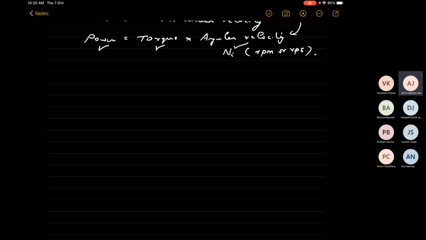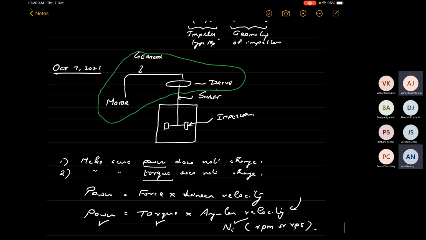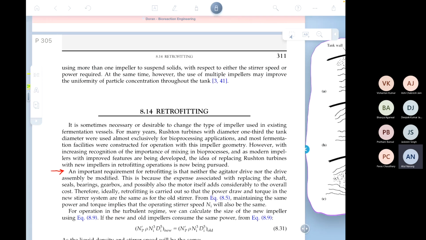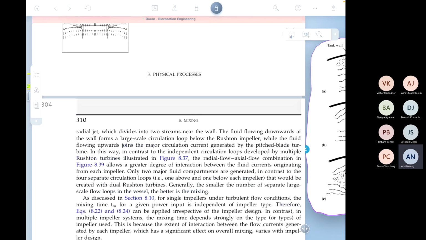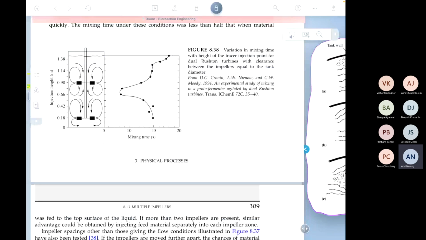Why did we take the value of NP prime for oldest to new as greater than 1? Because that's actually what it's all about. New impellers are being designed. The Rushton impeller has among the highest NP prime. These are experimentally measured, right? So if you take a look at the, actually wait a second, let me.